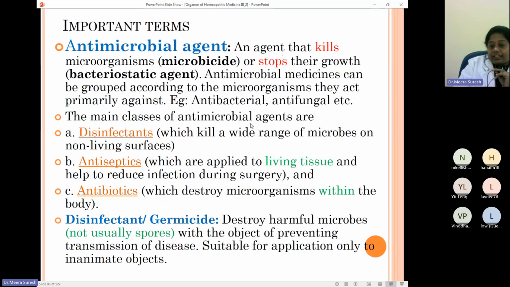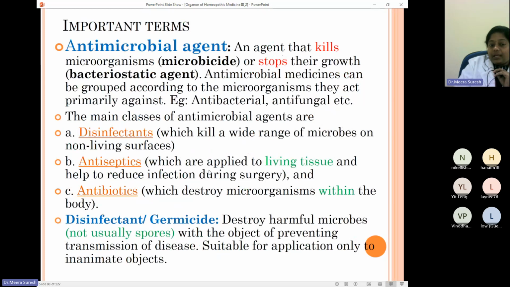The main classes of antimicrobial agents are disinfectants, antiseptics, and antibiotics. Disinfectants, we already saw, kill a wide range of microbes, but not the spores, and they are especially used on non-living surfaces.